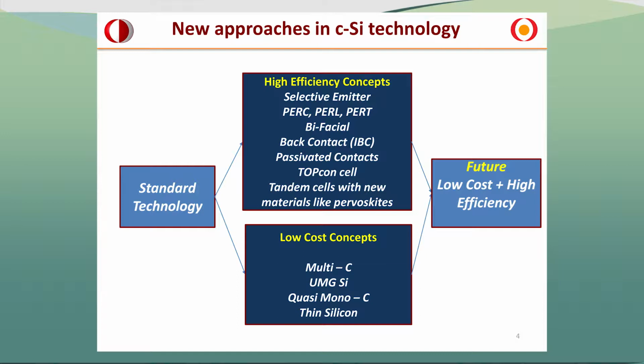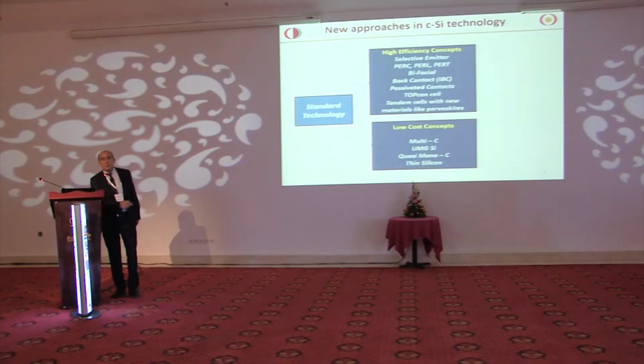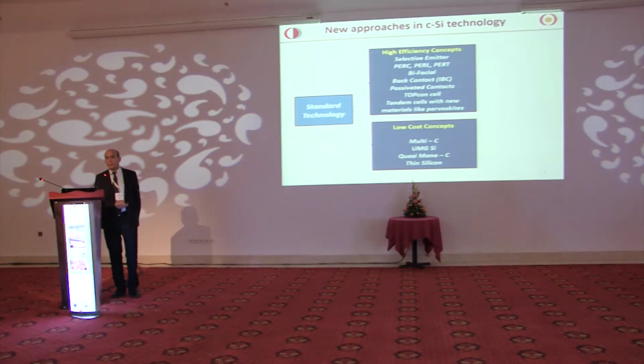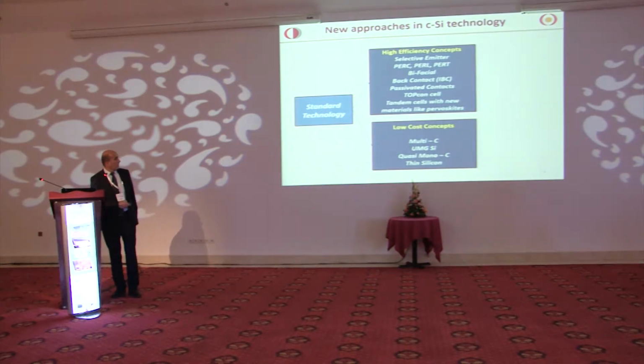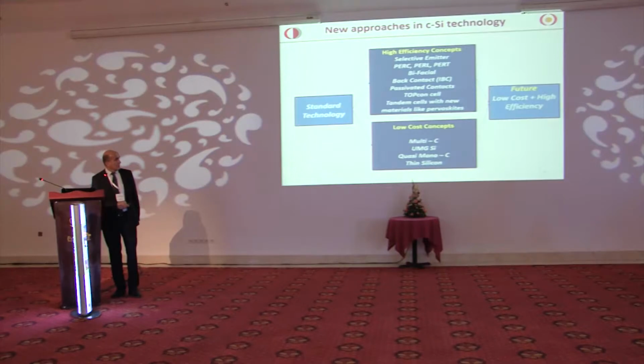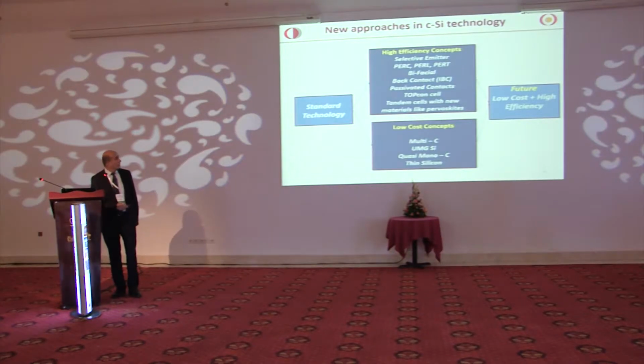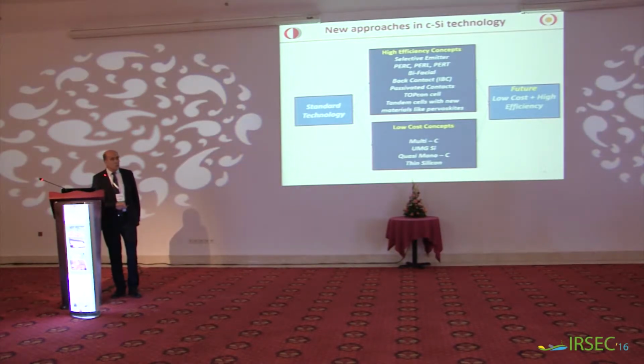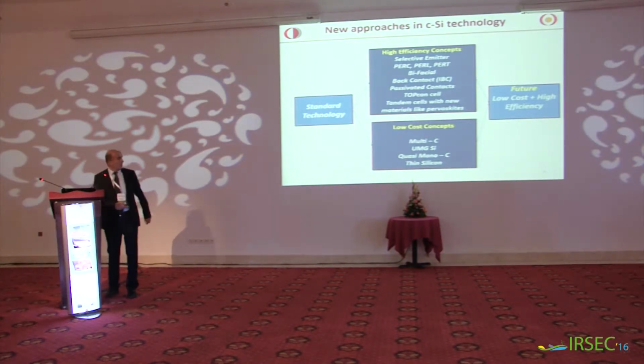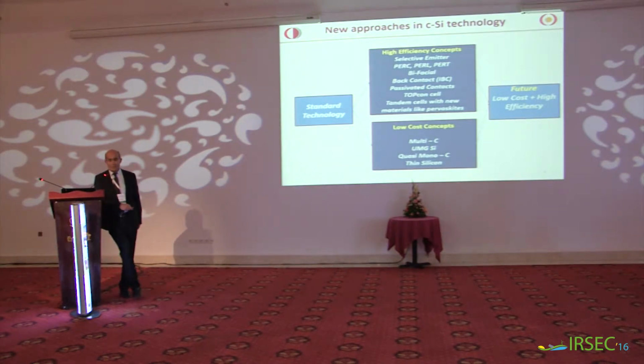Reducing the amount of silicon is another low-cost approach to improving the performance of crystalline silicon cells. In the future, of course, these low-cost concepts should be combined with the high efficiency concept in order to reach a lower cost of electricity.